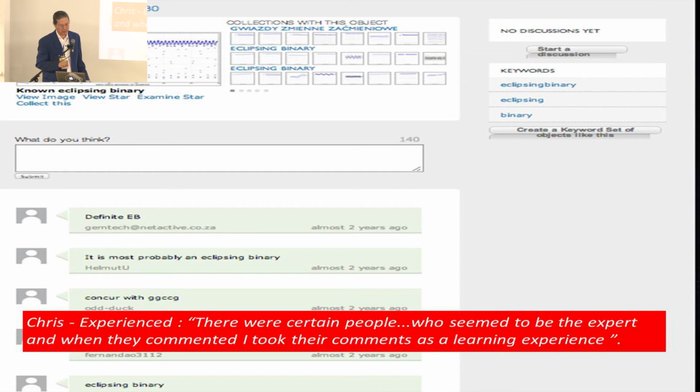A somewhat more experienced user commented similarly: "There were certain people who seemed to be experts, and when they commented, I took their comments as a learning experience." So basically taking these different kinds of posts as a way not to see the practice directly, but to see this reflection of it.